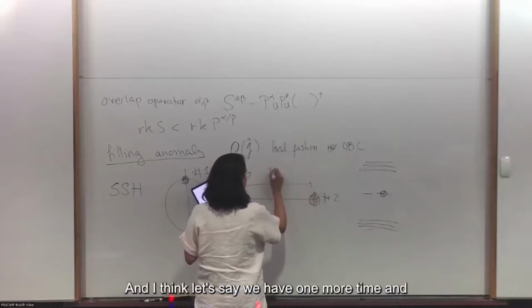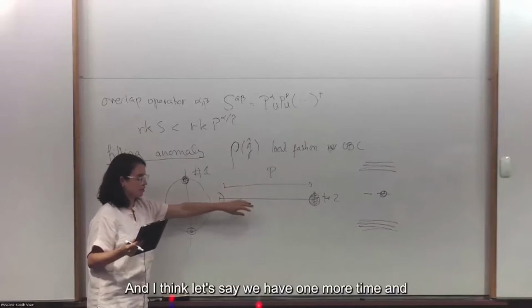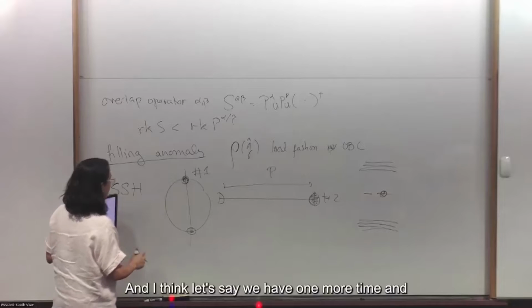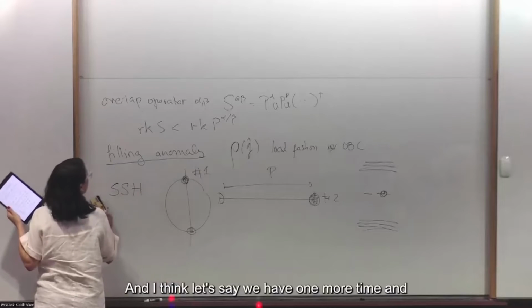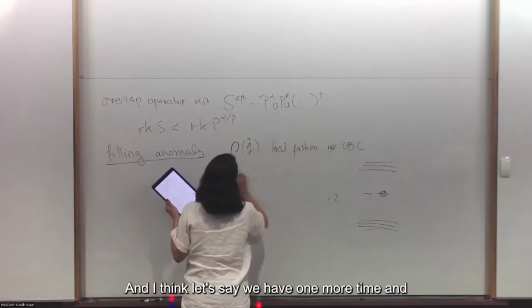That would lead to a total polarization that is quantized, and it would match the quantization of the bulk polarization as well. And we talked about the quadrupole insulator, which was a bit of a weirder beast.